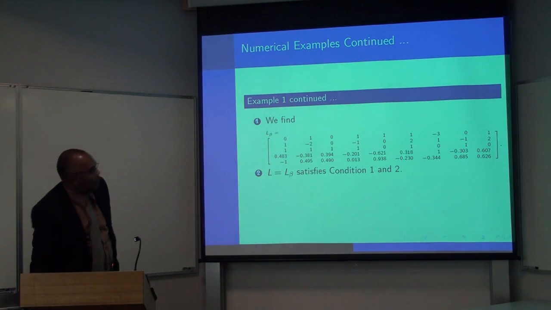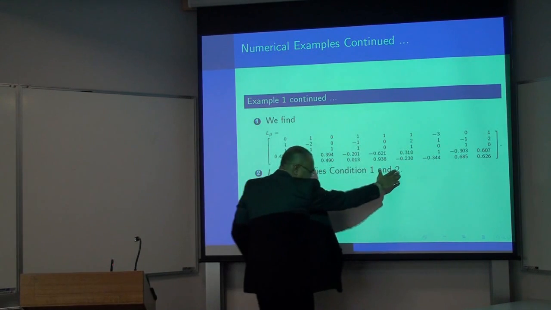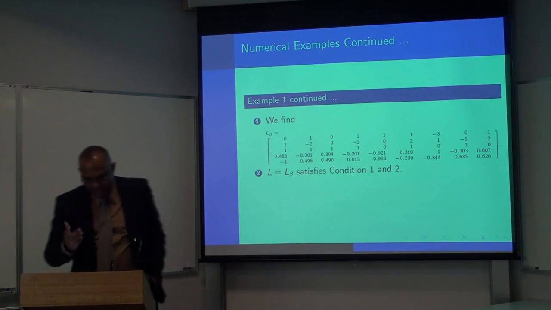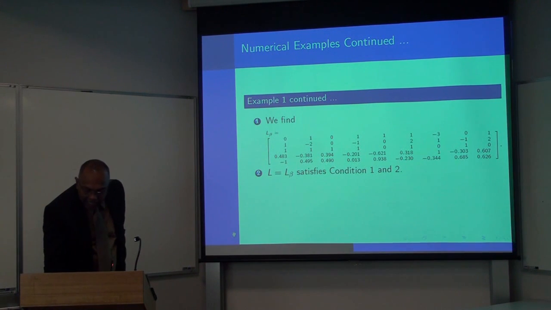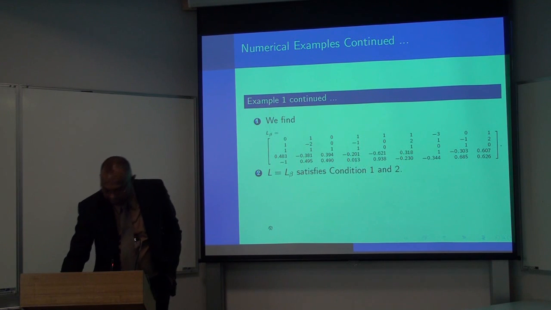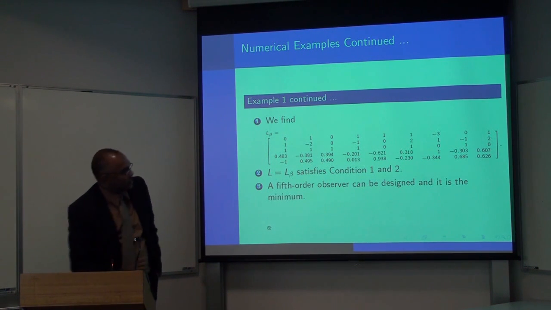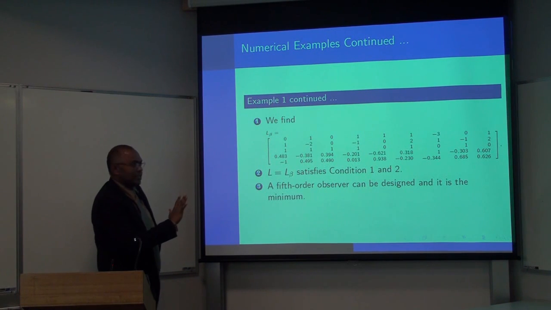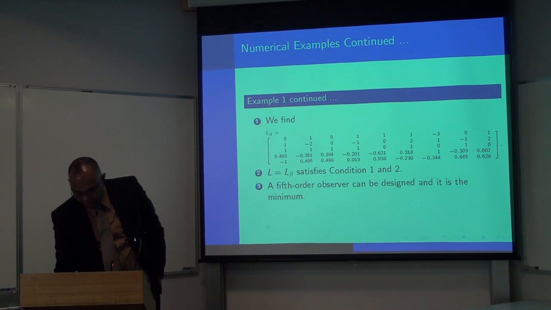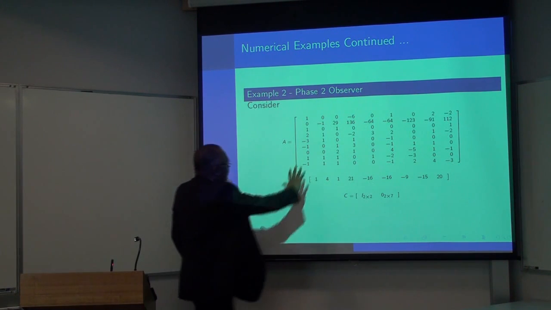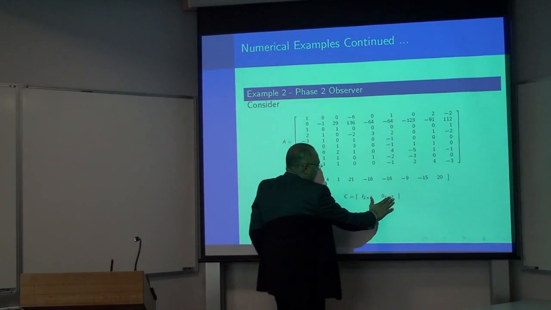And that L beta also satisfies condition 2, because we can check the satisfaction of condition 2, that's quite easy to do. And then we get that that's a phase 1 observer. So the order of the observer for this 9th order system, which wants to estimate 3 functions, is a 5th order observer.